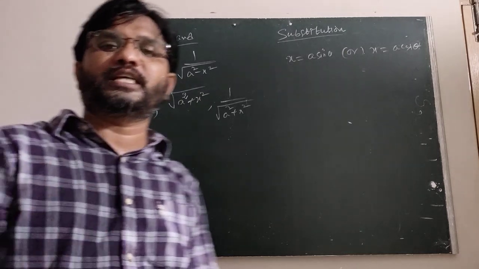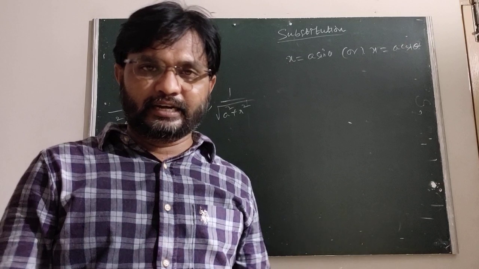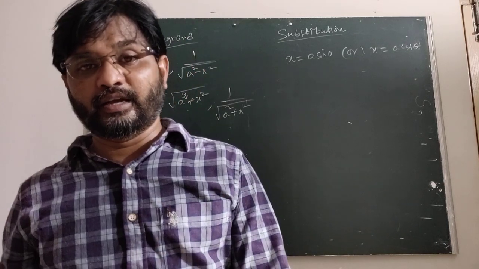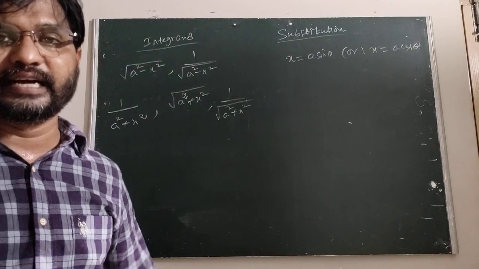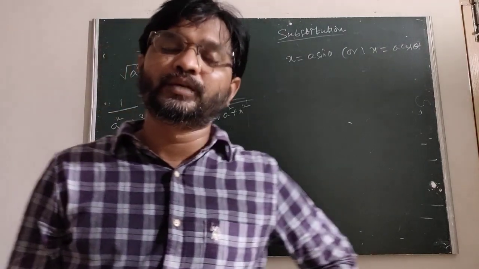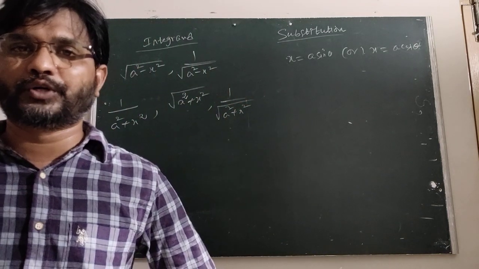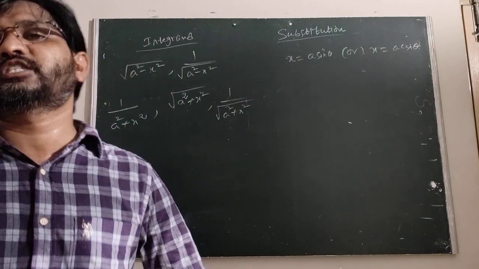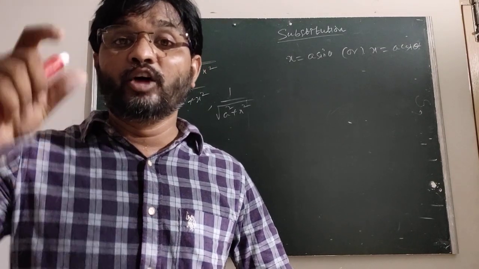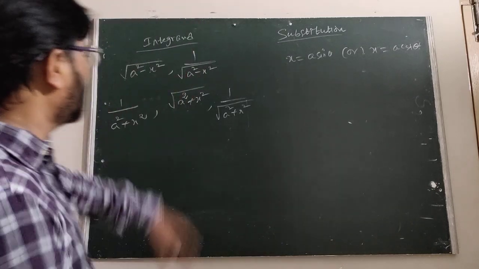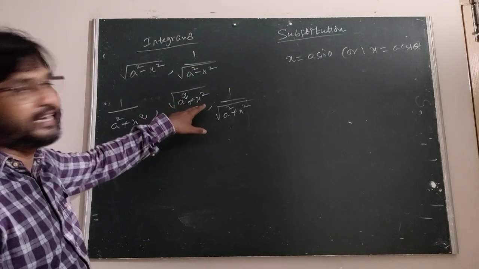We know that 1 plus tan square theta is secant square theta, since secant square theta minus tan square theta equals 1. And another one is also cosh square x minus sinh square x equal to 1. We know that cosh square x is 1 plus sinh square x. When we take a square as the common factor, then we get 1 plus sinh square x.